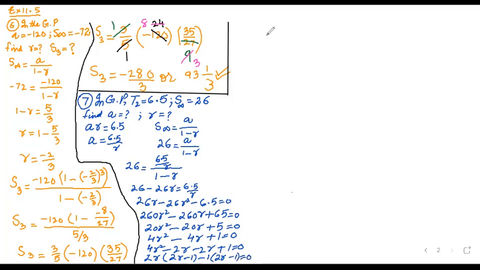So the equation will become 2R minus 1 times 2R minus 1 equal to 0. So ignoring one of the values because both are same, R will be coming out as R is equal to 1 upon 2.